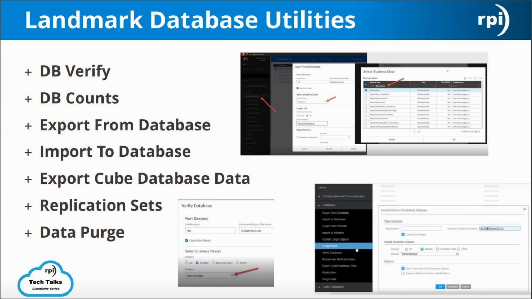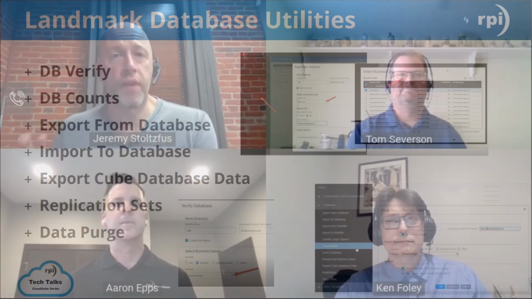So we've got some Landmark database utilities. There's DB Verify, DB Counts. There are utilities to export and import directly into the database. Not necessarily the best way, but within CloudSuite, whether you're talking GHR or the financial system, there are interface tables.